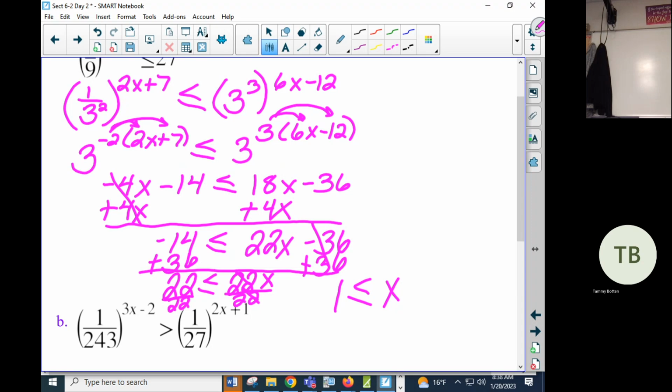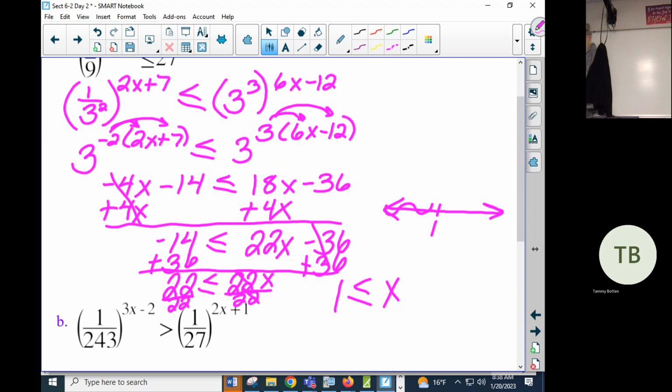And if you leave your answer like that, it's not wrong. But in the fall, we had to graph that. And so many kids went to 1 and they looked at this as less than, and they shaded this way, and that's wrong. When you have the x on the right-hand side, you have to read it that way.